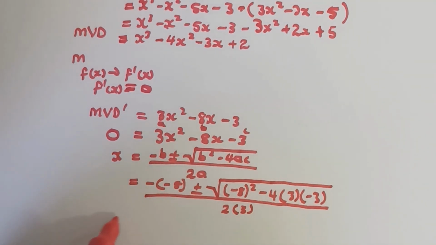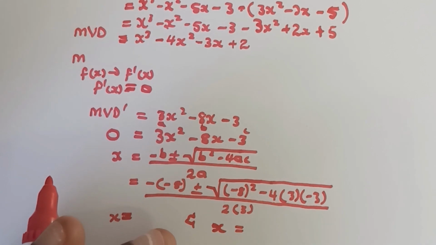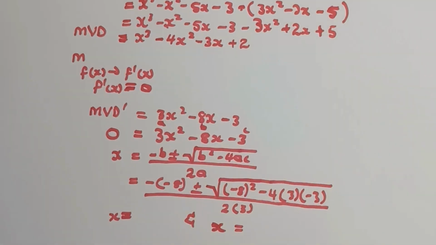And now our first x value will be equal to... Let's punch in our calculator, and we get a first value that is 3, and a next value that is negative 1 over 3.